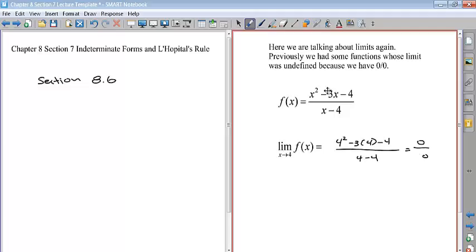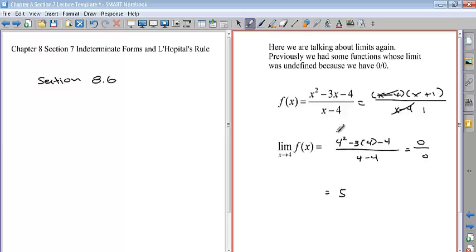And what we did in the first chapter is we factored the numerator. So we'll get x minus 4 and x plus 1 divided by x minus 4. And we cancel those out. That was why we were getting the indeterminate result. And then you plug in x equals 4 now, and you would get 5.